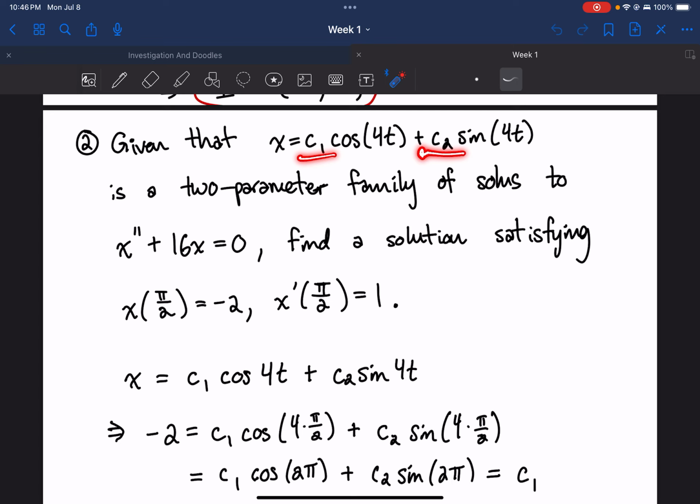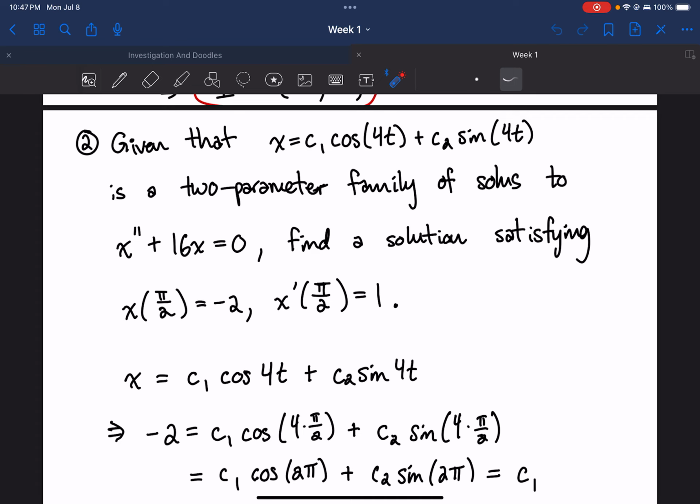You need two equations, right? Each one of these initial conditions is going to give me an equation. And once I have those two equations, I can solve for the two unknowns. Sometimes it's easier than that. Sometimes one of these will immediately give you one of the constants, and then the other one will obviously give you the second constant.